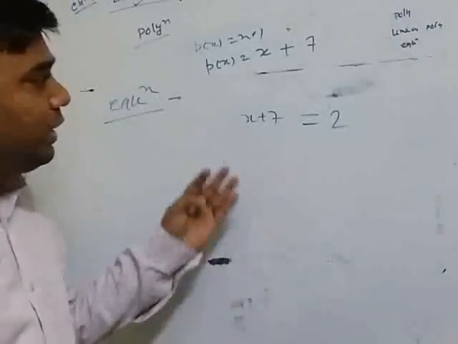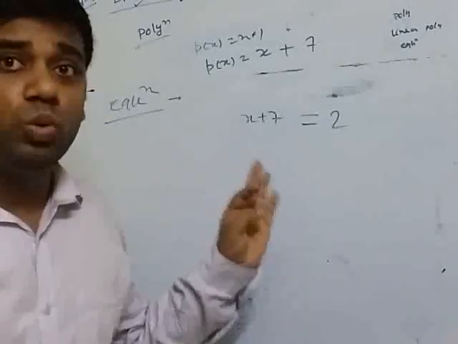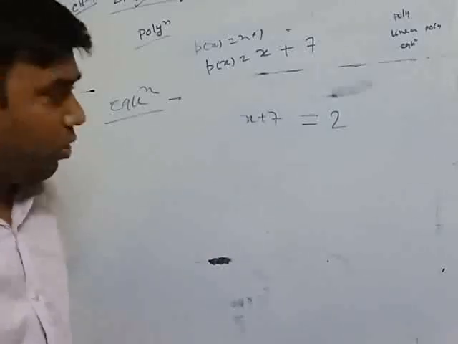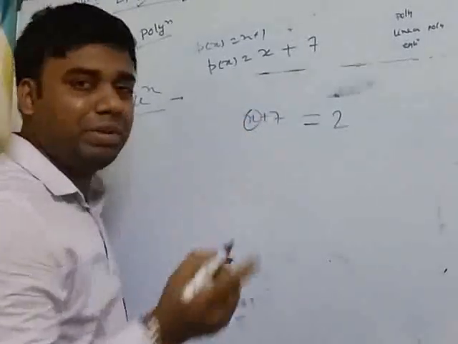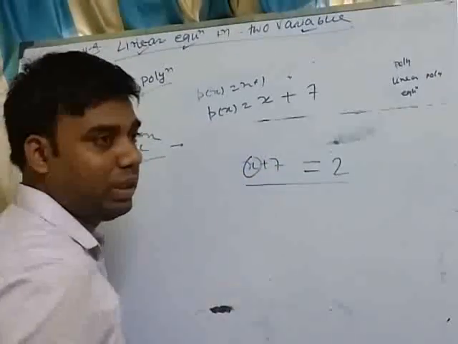A statement of equality involving quantities having some variables, or unknown quantities, is called an equation.